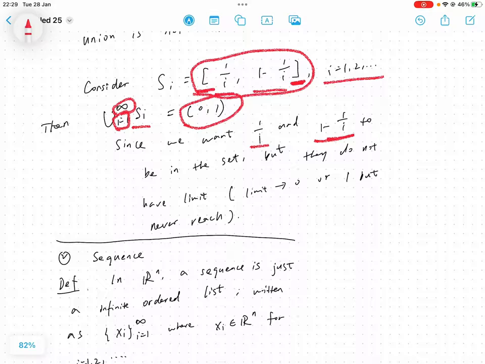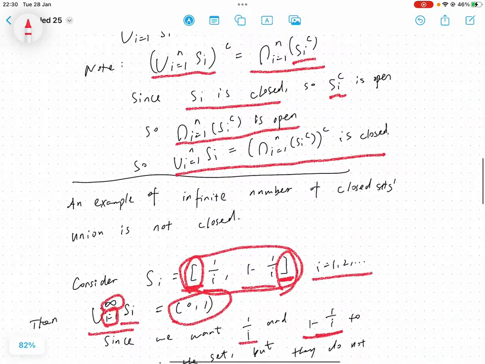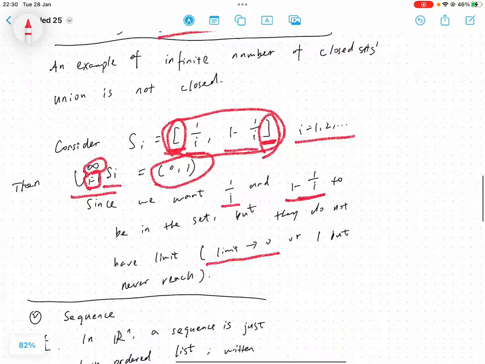The boundaries are approached, but they cannot be reached actually. This means that we cannot have those limits included in this union. So here we have this open set as the union. That would be an example if we have infinity here. So that's why we have the finite assumption here. Good.